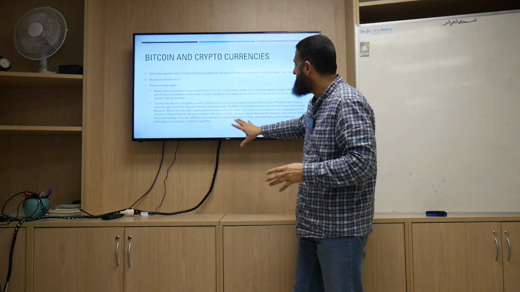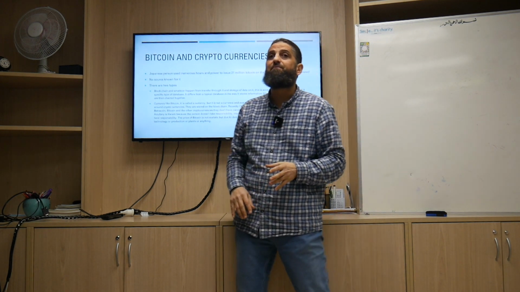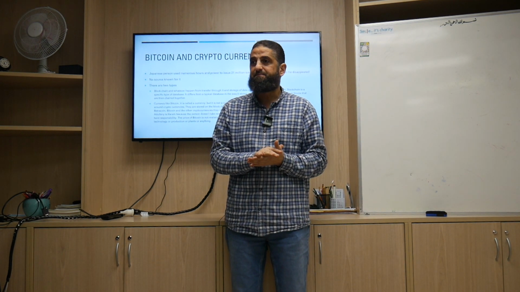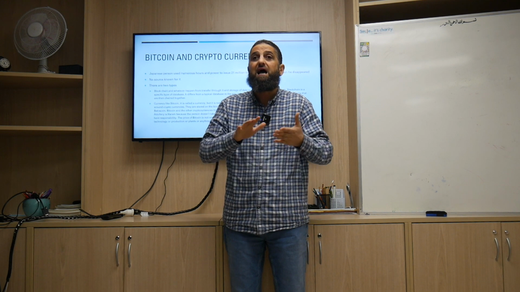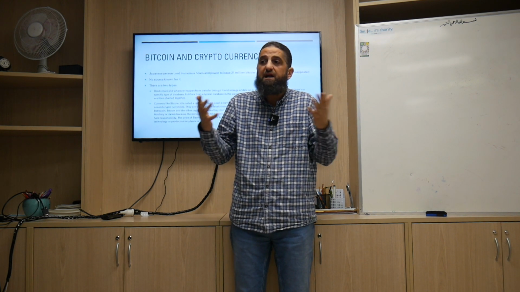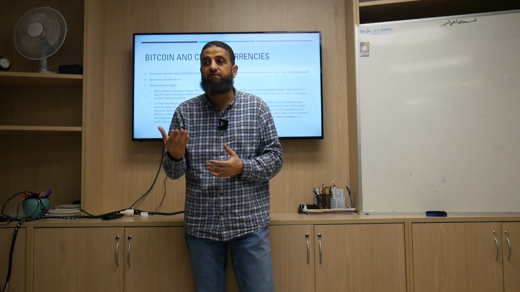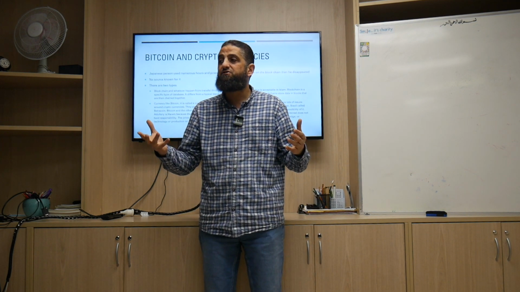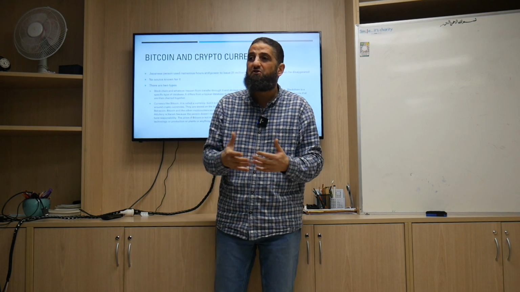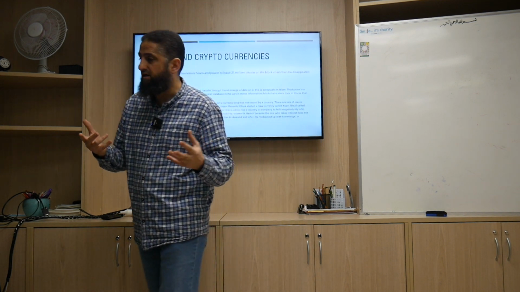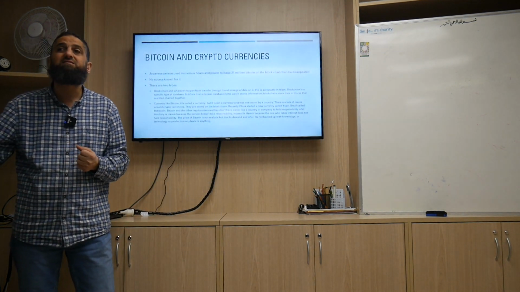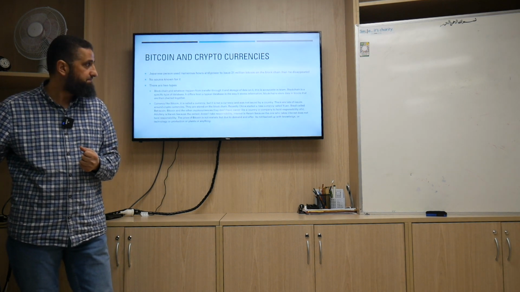Whereas with these cryptocurrencies, the majority of them have no product behind them. So they are just unrealistic, and their value will be built on speculation, on demand, on news, which is always unrealistic. And Islam does not allow this to happen.